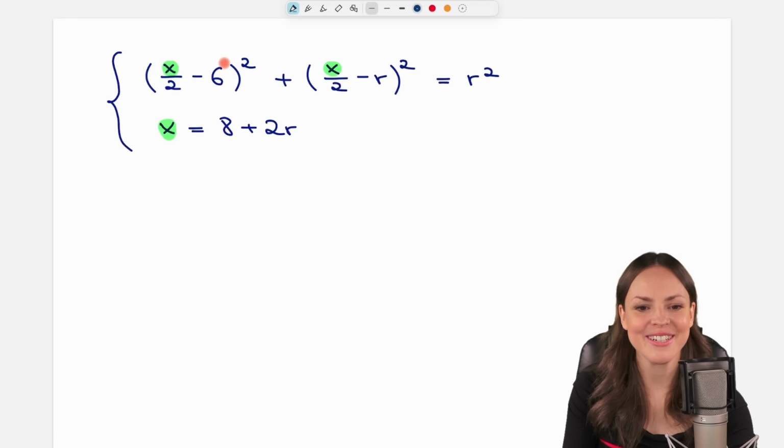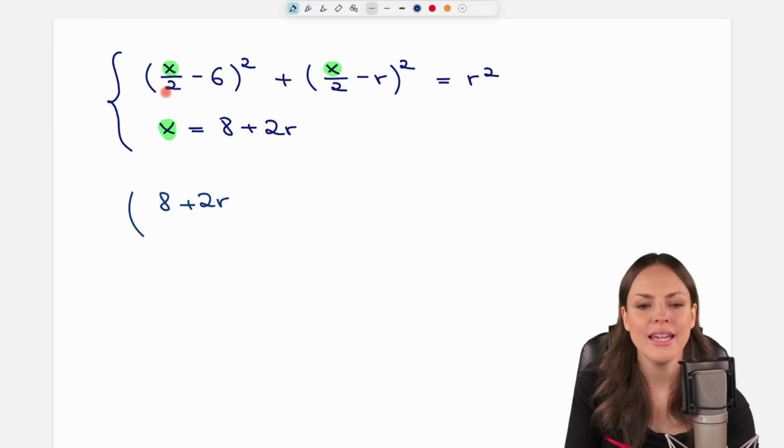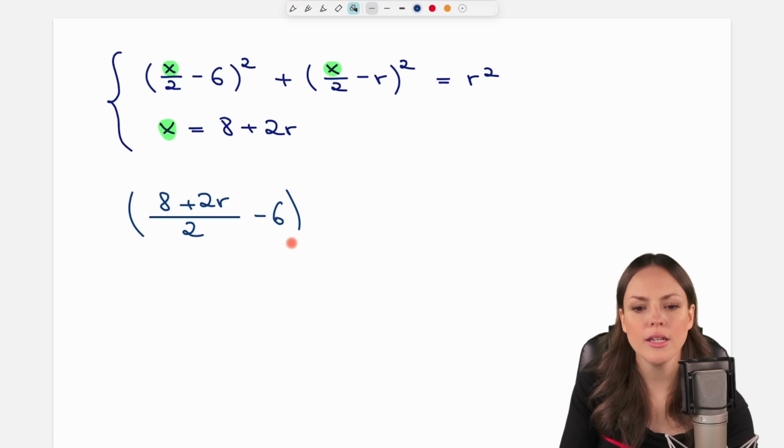We start here with our first parentheses. So we have, instead of the x, we're going to write down 8 plus 2r. Then we divide it by 2. We subtract the 6 and square this entire thing. Then the plus. Next, the same thing with the x here.